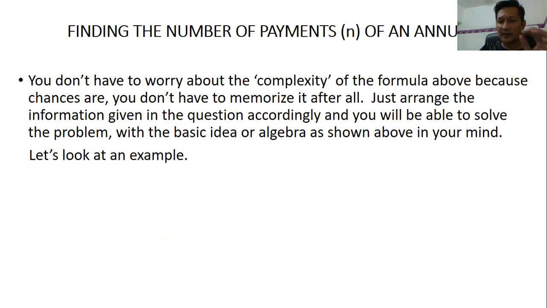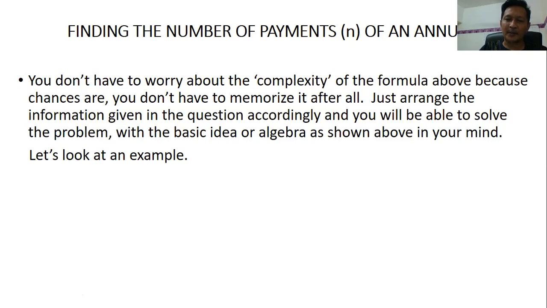Make sure that if it is a future value, you plug it in the formula as a future value of an annuity. Make sure it is the correct I. Make sure you know the frequency of compounding in a year, your M. So when you put everything in its place, logically you move forward line by line, using the algebra operations that we have seen just now.